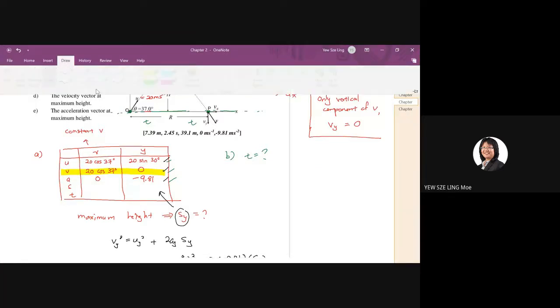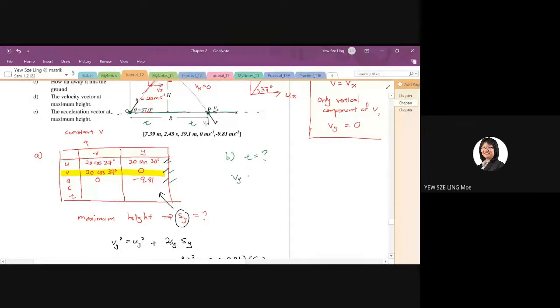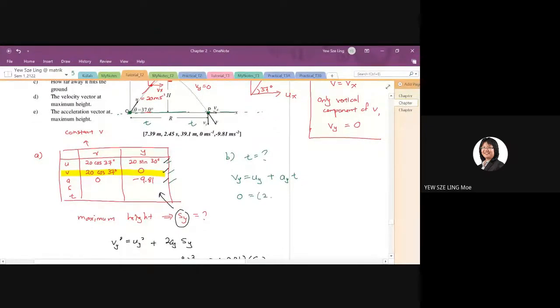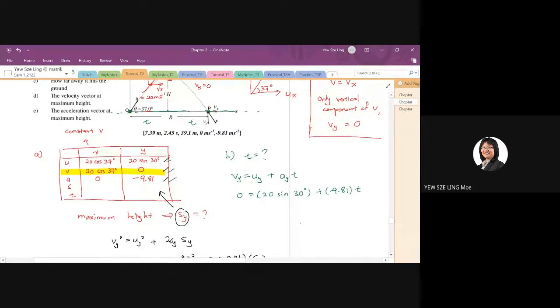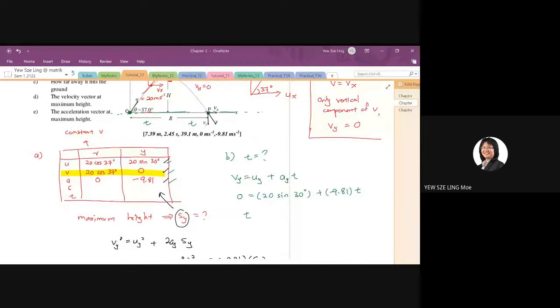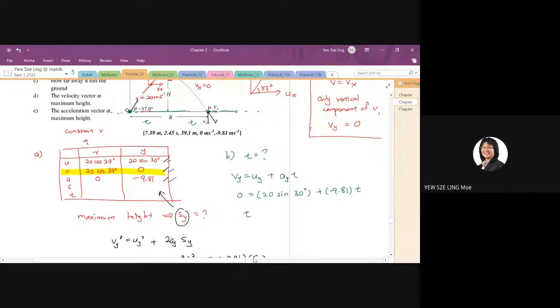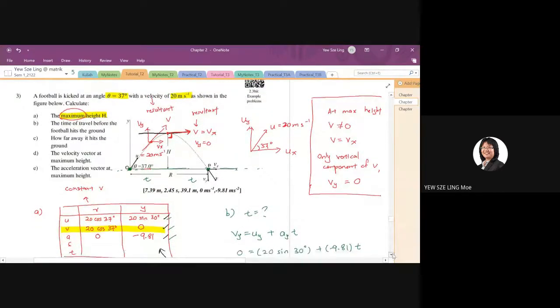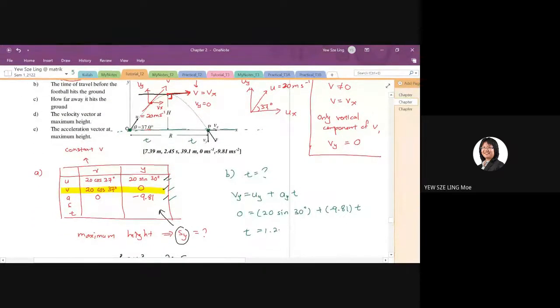I want to find t. So Vy equals Uy plus Ay t. So V is 0 equals 20 sine 30 degrees plus negative 9.81 t. So the t that you got is 1.22 seconds.